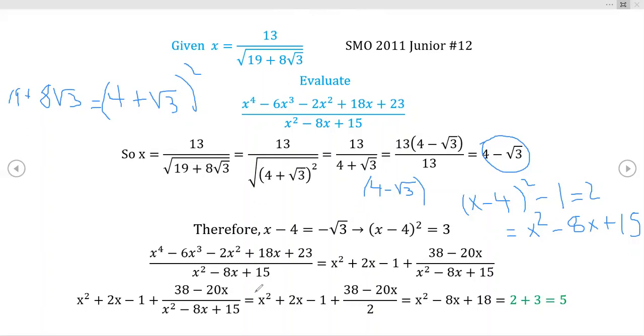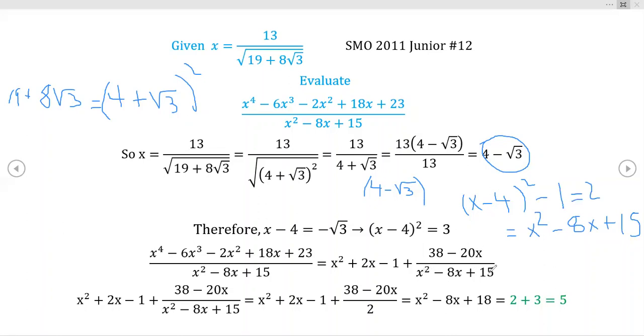In fact, we're practically done with the problem. Now I left out the long division that was required to do this. I didn't want to clutter up the screen and make mistakes in front of you guys. But when you do the long division, this is what you get. You get x squared plus 2x minus 1 as the quotient. You get 38 minus 20x as the remainder. And of course, the remainder goes over the divisor.